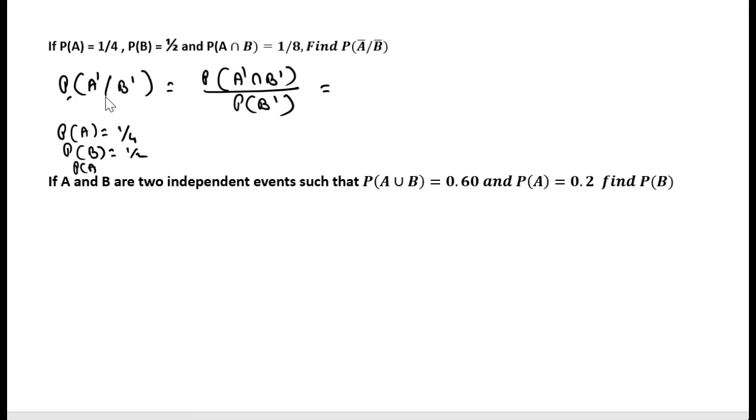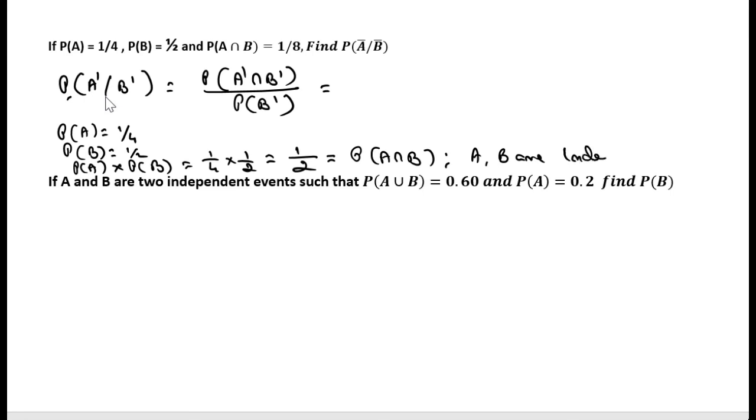So probability of A into probability of B equal to 1 by 4 into 1 by 2 is equal to 1 by 8, which is equal to probability of A intersection B. That means probability of A intersection B equal to probability of A into probability of B. Therefore, A, B are independent.